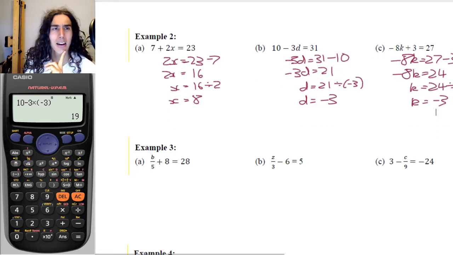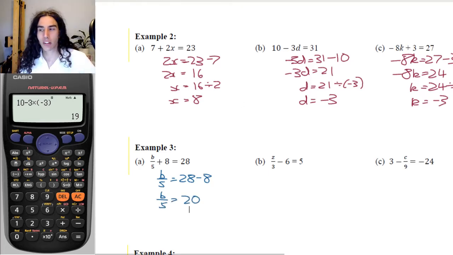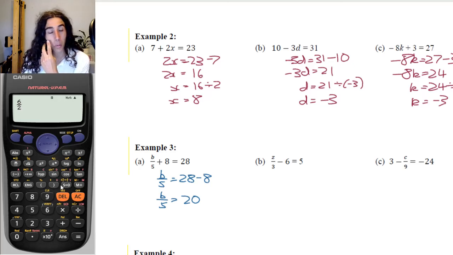Now with fractions. Does anything change? Nope. Take the 8 to the other side. 28. Take away 8. What we do need to understand is that fractions mean division. So in my calculator, if I had 6 over 2, what's 6 divided by 2?